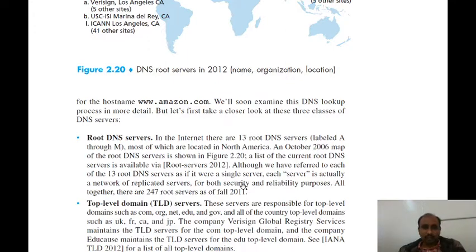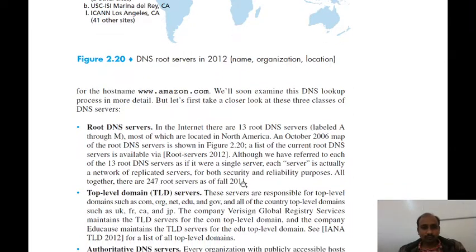So what we did was replicate them: copies of these root DNS servers were placed and distributed in several places. That is how we came up with replicated servers. Altogether, in 2011 there were actually 247 root servers.